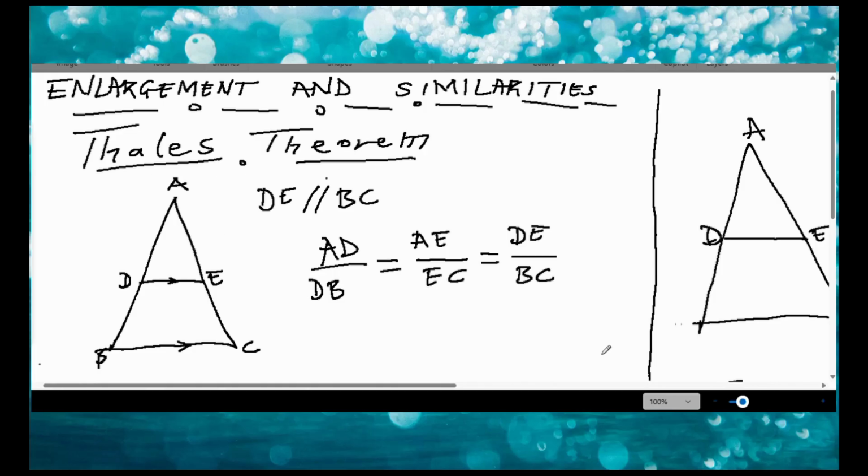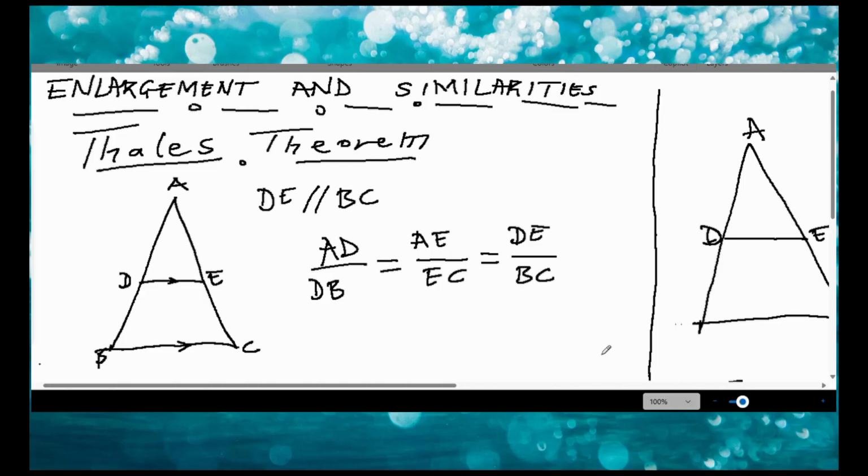And to apply the Thales Theorem in finding the unknown size of such triangles, there is one key thing we should note. The Thales Theorem says that it is applicable only if we have the line DE being parallel to BC. From the triangle, it is clear that DE is parallel to BC.